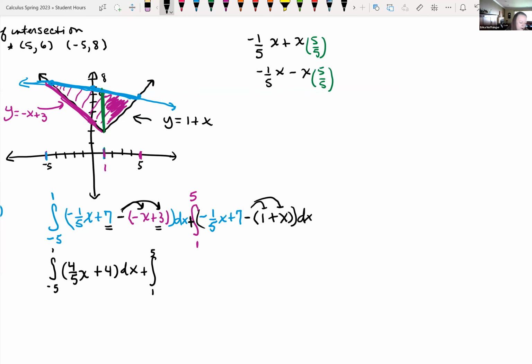So then plus the integral from 1 to 5 of negative 6/5 x. And then for my constant, I have a 7 minus a 1. So this will be a plus 6 dx.